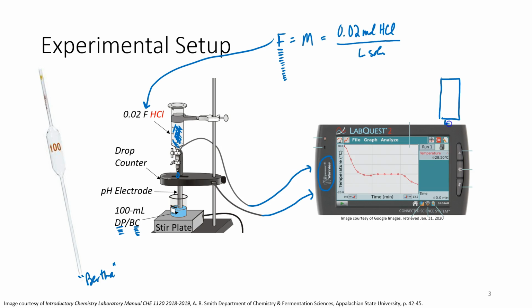I'm not sure where exactly, but you'll be able to save your data onto a thumb drive. And then we'll analyze these data next week in lab. So please do your best to bring a thumb drive with you for this experiment. Either you or your partner should bring a thumb drive to lab.